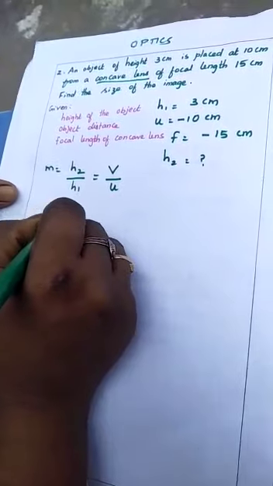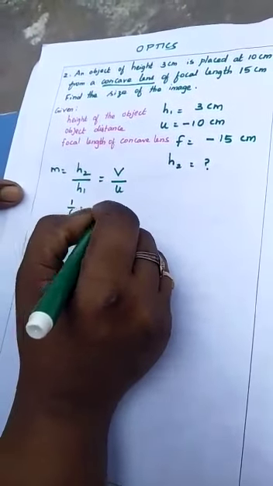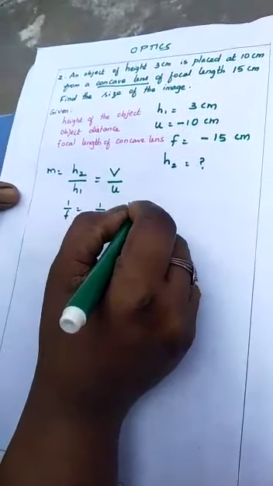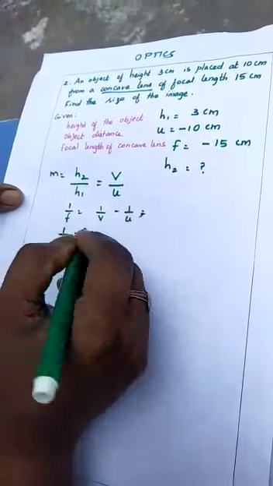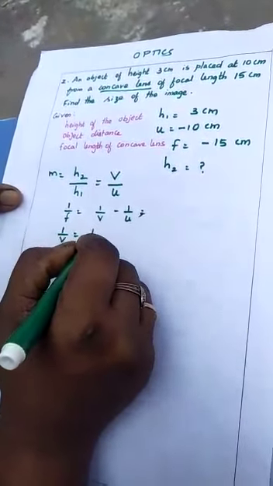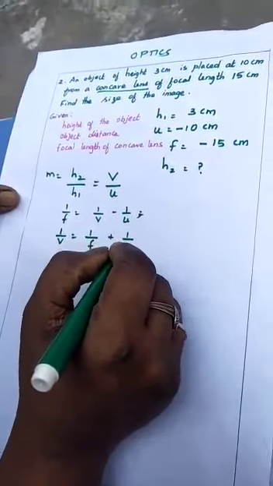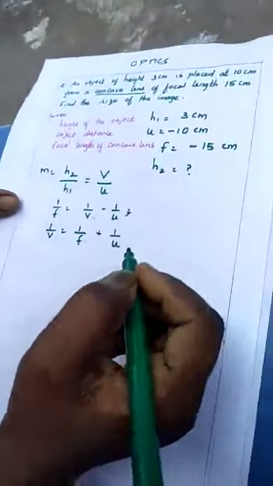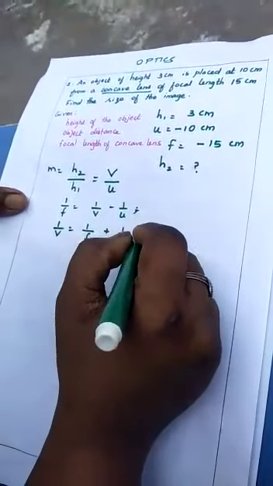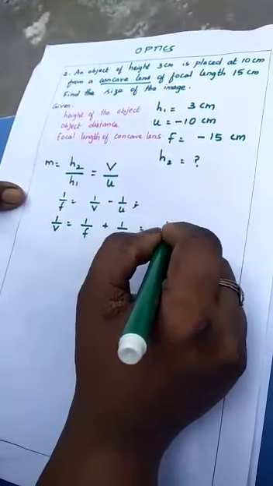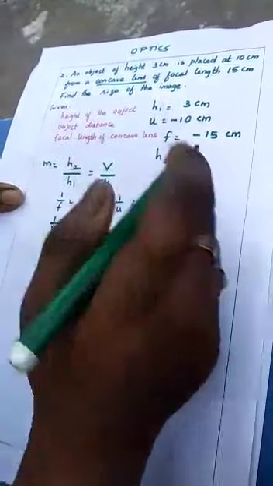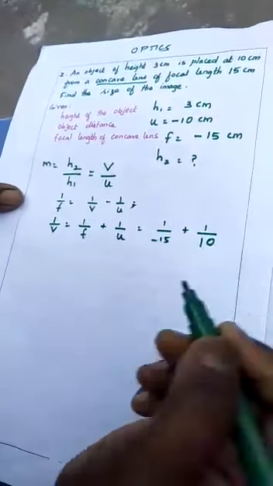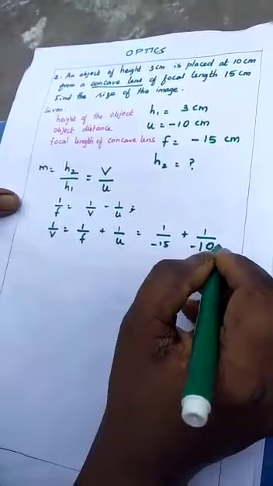Therefore 1 by f is equal to 1 by v minus 1 by u. Therefore 1 by v equals 1 by f plus 1 by u. Now we know the values. So 1 by f is 1 by minus 15, plus 1 divided by u, it is 10 centimeter, so that is also negative.